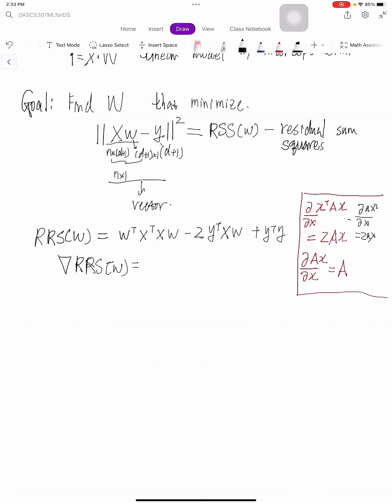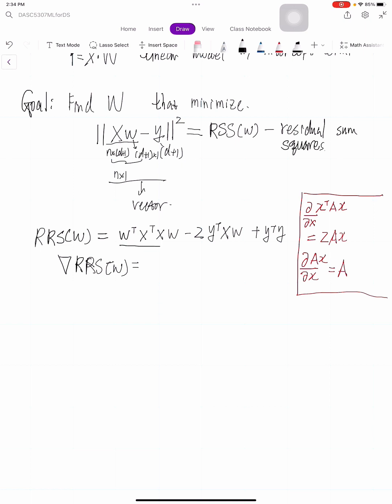So this is just the matrix version of this. Also, if you have a constant times x, you take the derivative, you get the constant a. So those are the formulas we're gonna use here.